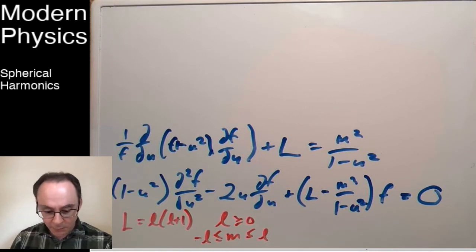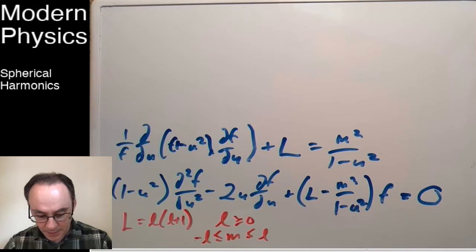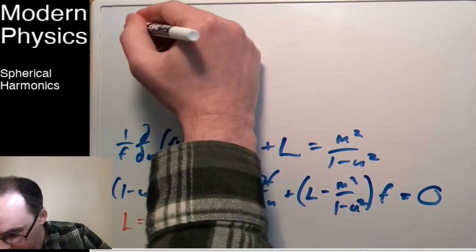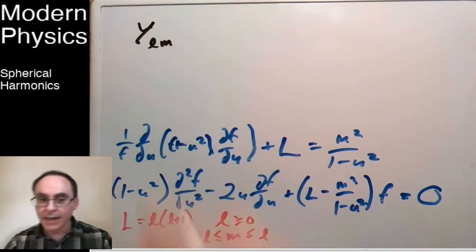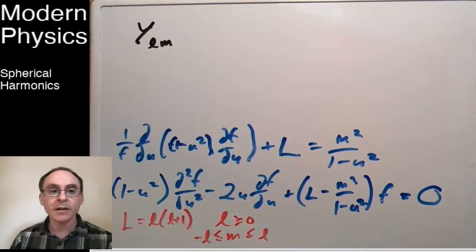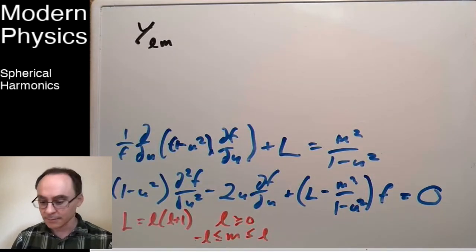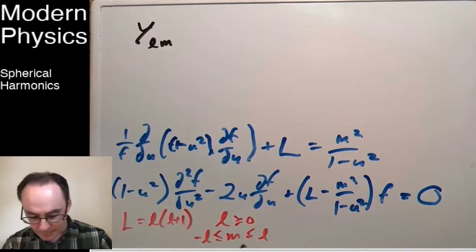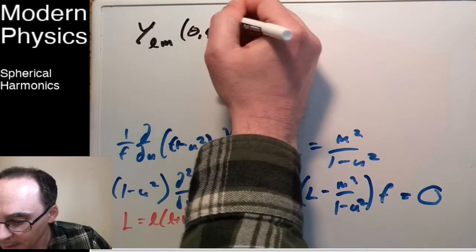Now, what's usually done with this is that they are combined. People combine the theta part and the phi part into a single function called the spherical harmonic. There's a whole bunch of them. They depend on L and M, and they are functions of theta and phi.